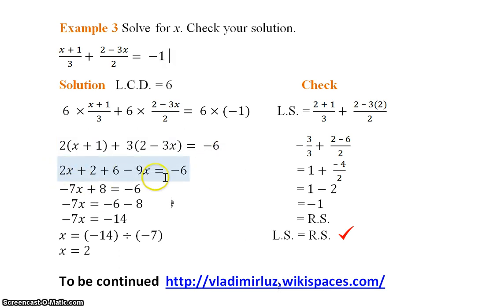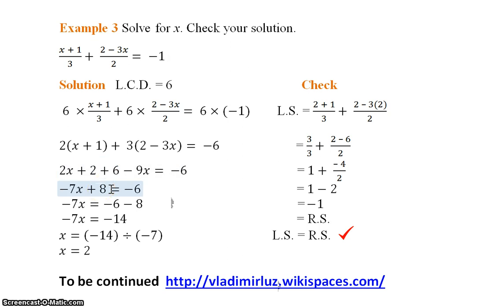Now we can expand the brackets. 2 times x, 2x, 2 times 1, 2, 3 times 2, 6, 3 times -3x, minus 9x, equals -6. In the left side we combine like terms. 2x and minus 9x is -7x, 2 plus 6 is 8.